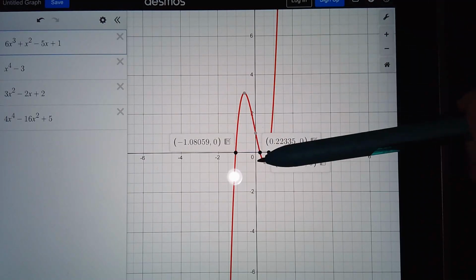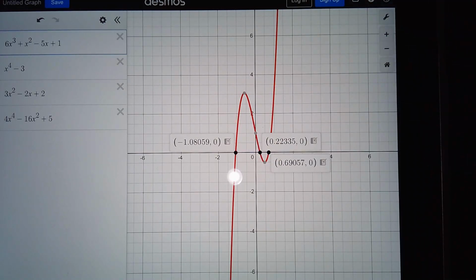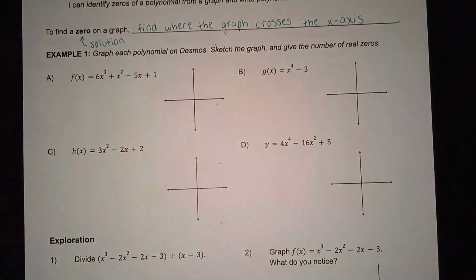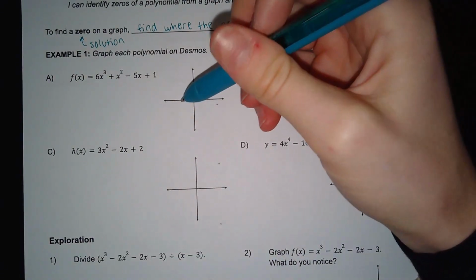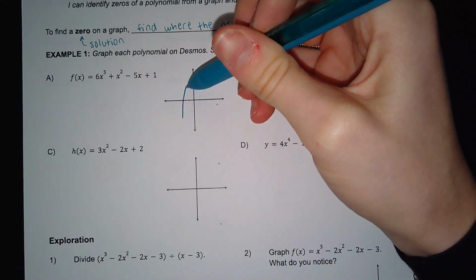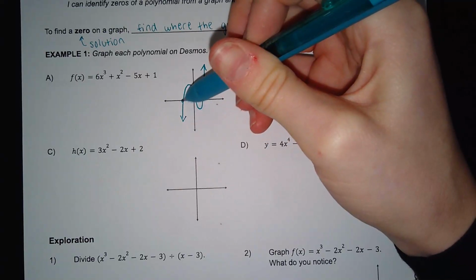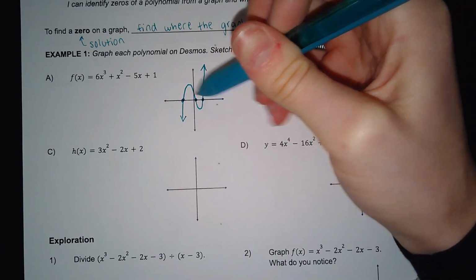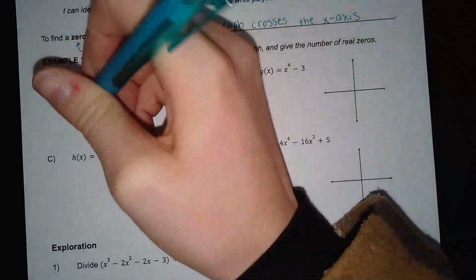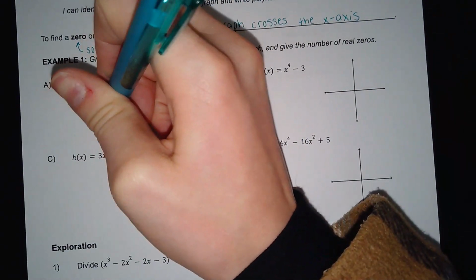We're just concerned with the fact that it crosses at 3 different points, which means this graph would have 3 zeros or 3 solutions. If I were to sketch a graph, my graph looks something like this when I look at Desmos, and I see that it crosses at 3 different places. So this graph would have 3 zeros.